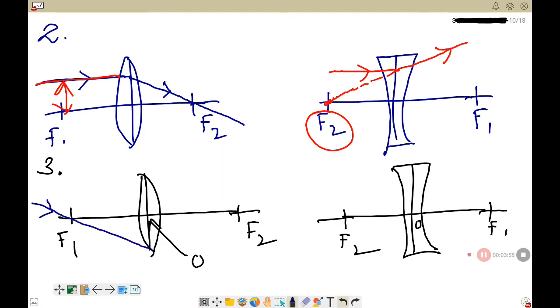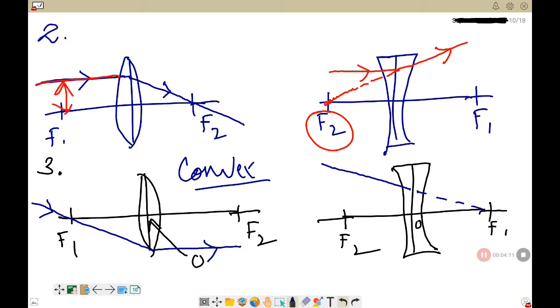So the ray which passes through the focus after refraction becomes parallel to the principal axis in case of a convex lens. But for the concave lens, a ray which is directed towards the first focus, after refraction becomes parallel to the principal axis.